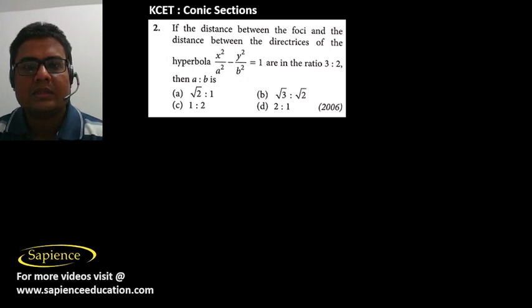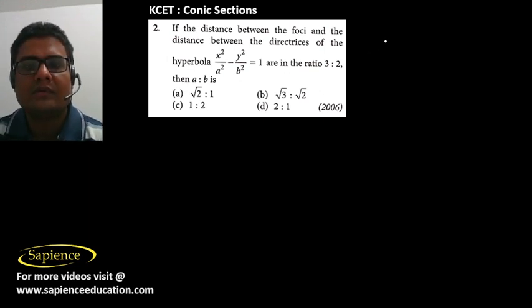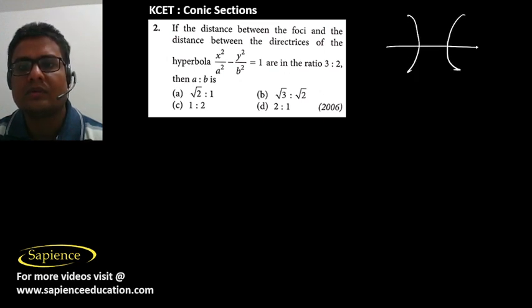Then it is told that if the distance between the foci and the distance between the directrices of the hyperbola are in the ratio 3:2, then A is to B is. So if I have this hyperbola, these are the two directrices and this is the y-axis, and these are the two foci.